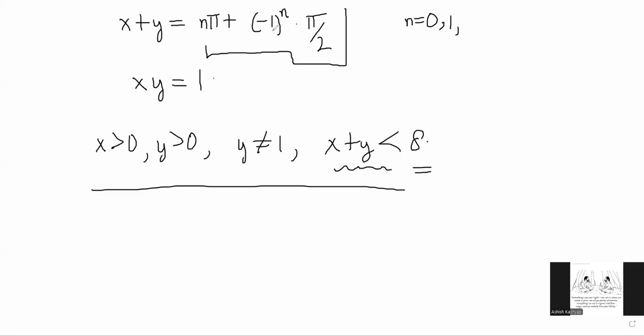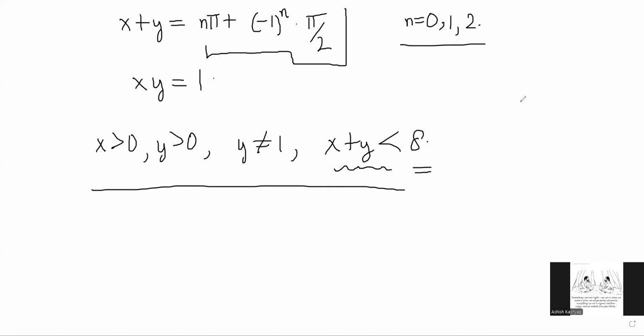So 2 pi plus pi by 2 is also fine, because 2 pi is 6.28 plus pi by 2 is 1.57. So just fine, I think. But we can't take the next one, 3 is not possible. 3 pi minus pi by 2.